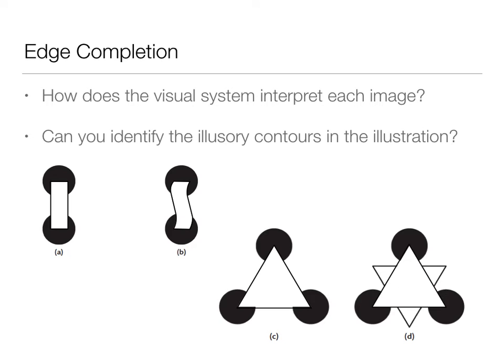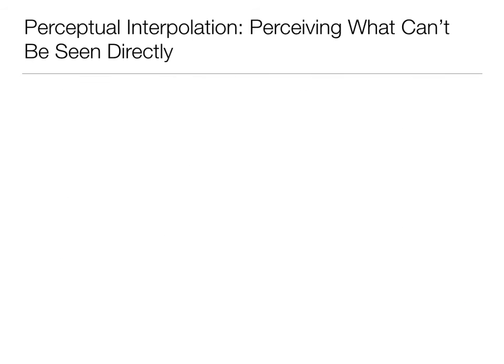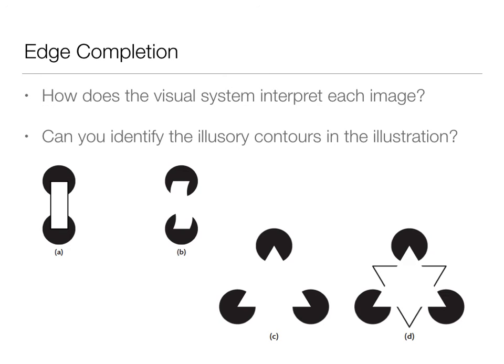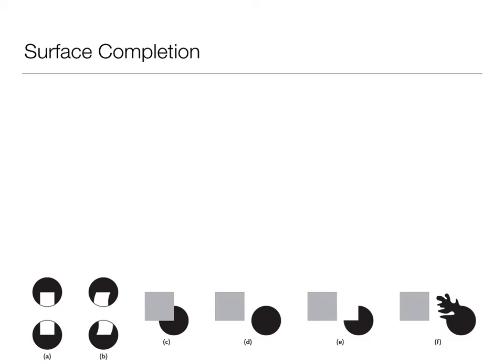We see this other triangle there. We do edge completion. We complete those edges that aren't there. And this allows for these illusory contours that you see right here. Sorry about those slide changes.